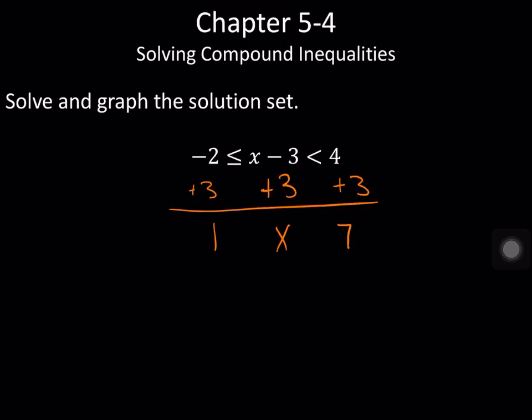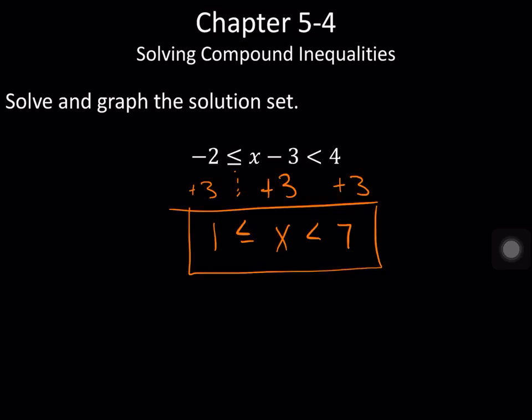We didn't do anything to change the direction of our inequality, so we just literally bring down the less than or equal to on that side and the less than on this side. And so we read this as 1 is less than or equal to x is less than 7.